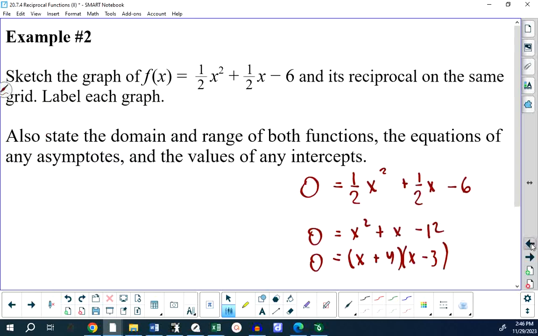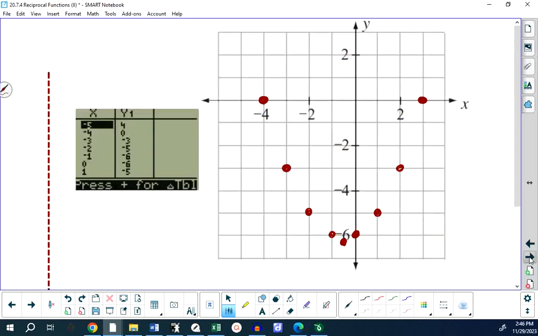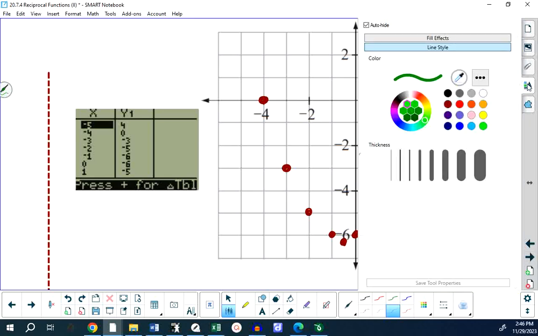Just want to check something out here. So brown for original. New function, I'll go green for the reciprocal. Well, the new function is going to have 3 asymptotes.